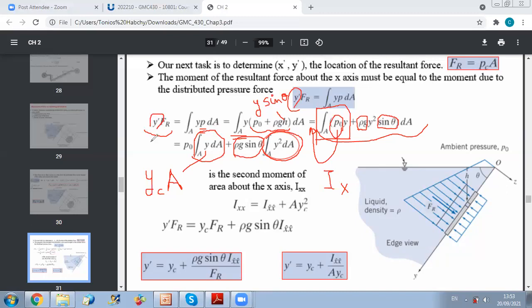So we have y prime times FR equal to this term, which is yC times P0. Now we will try to analyze what is Ixx. You know that Ixx is defined as the second moment of area about the x-axis. If you remember from statics, I think you have covered this in statics.